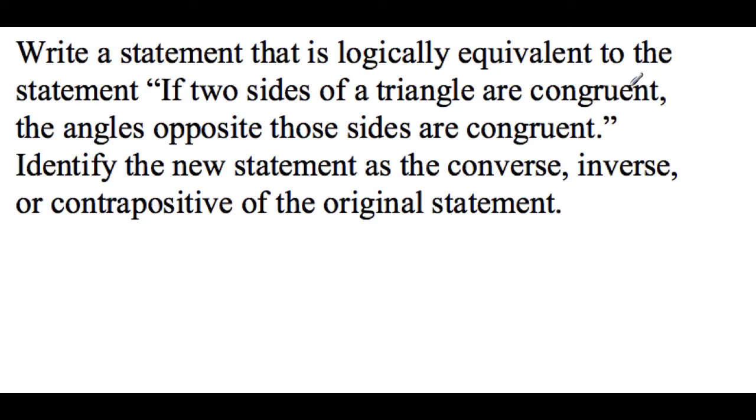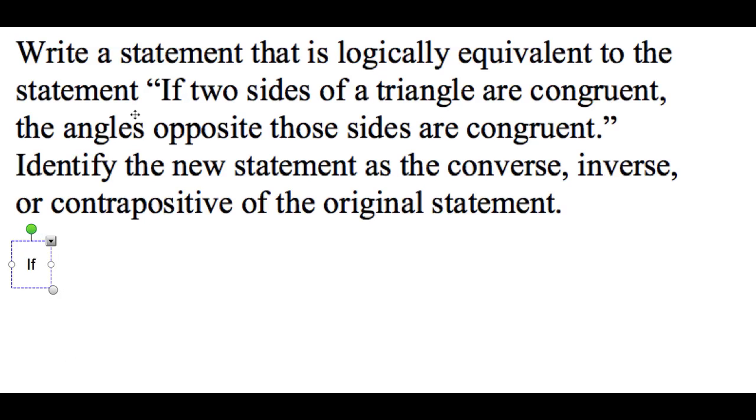Write a statement that is logically equivalent to the statement: if two sides of a triangle are congruent, the angles opposite those two sides are congruent. Now, I have to get this part of the statement first. In this case, I'm just going to type it here.